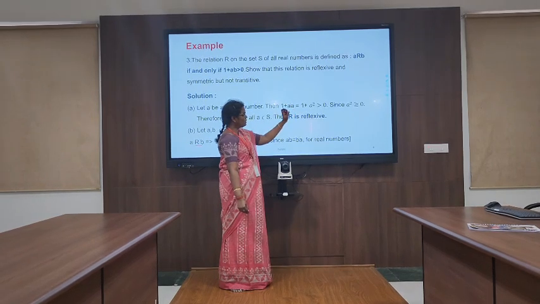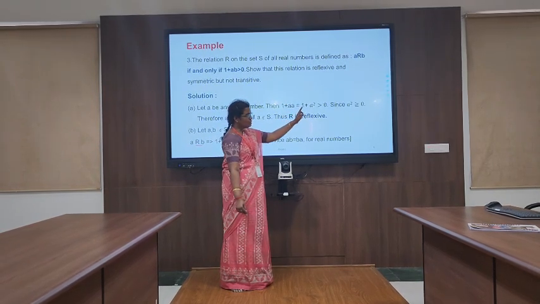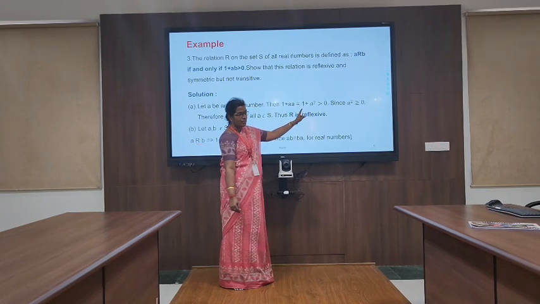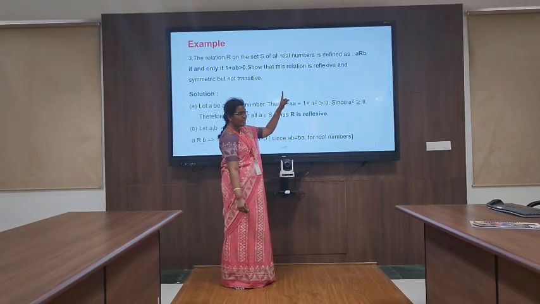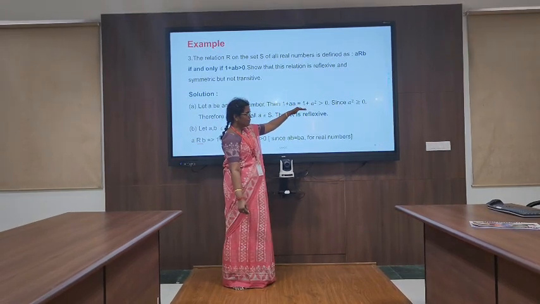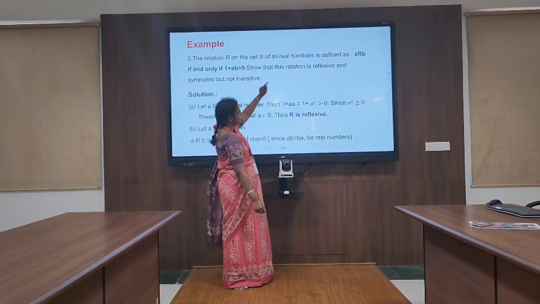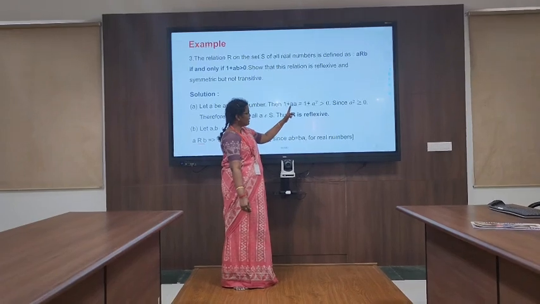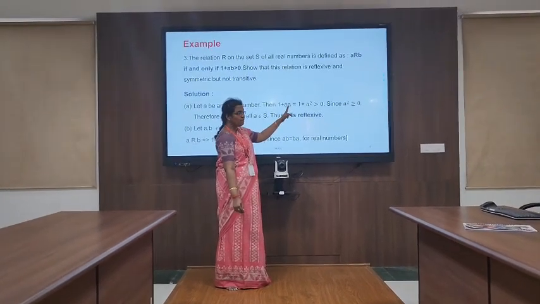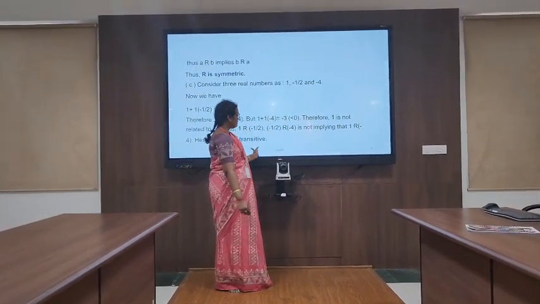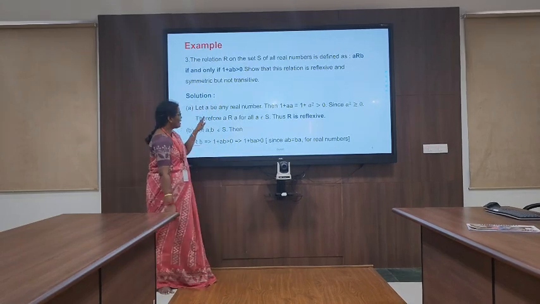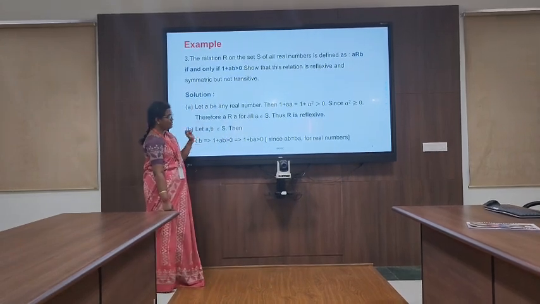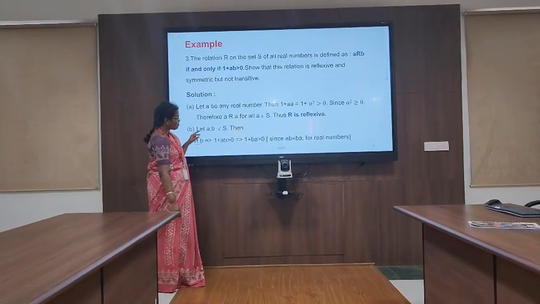The total sum is 2. 2 is positive. For any real number A taken from this S, this condition always holds. If the condition holds, the element A is related with B. Here A is A and B is also A. So A is related with A for any real number A taken. Hence R is reflexive.